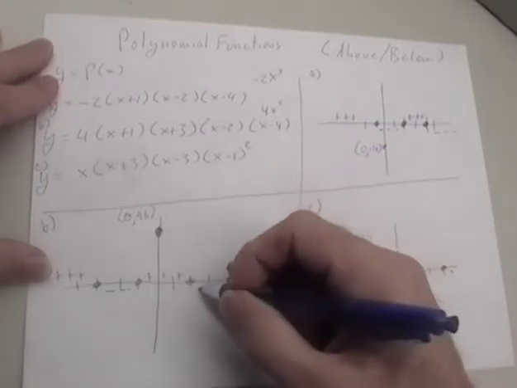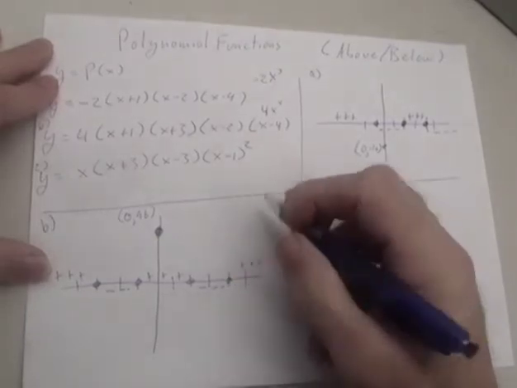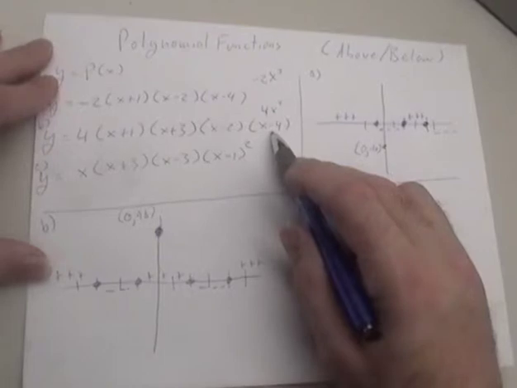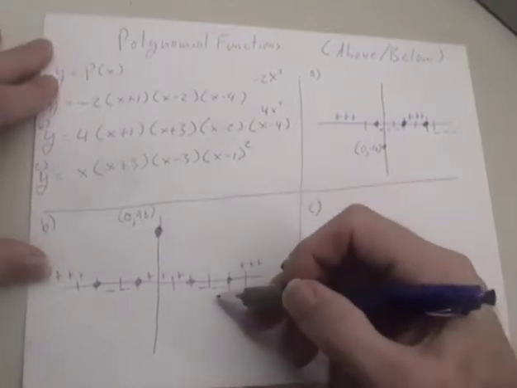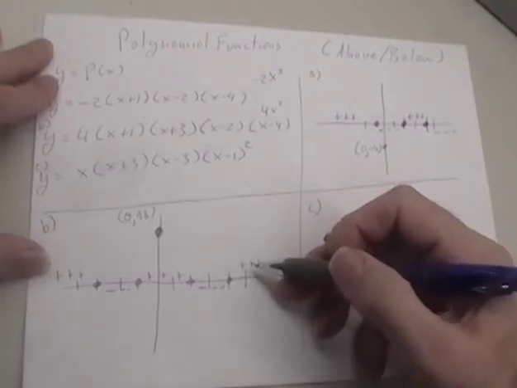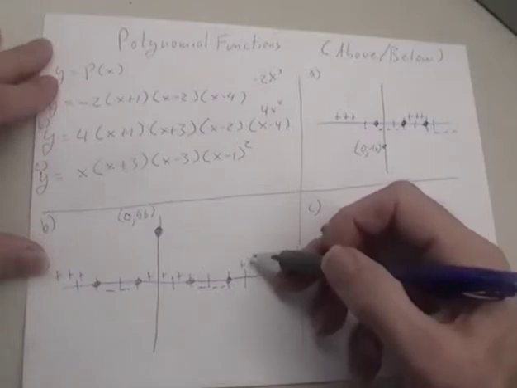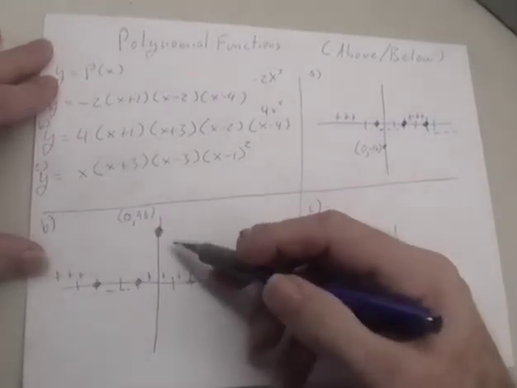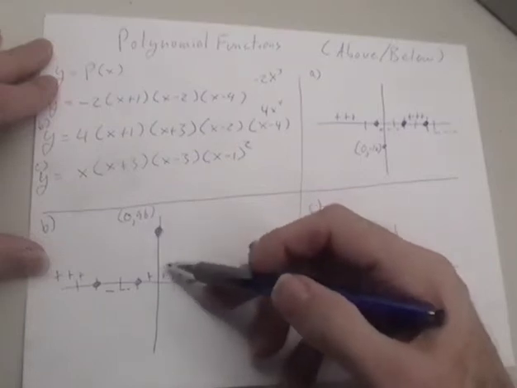It's going to change from positive to negative. When it passes through 4, again this is a single root, so I expect the sign to change from negative to positive, which is a good thing because I already identified that this should end up high. Start high, end high, and notice how the y-intercept also had to be high.